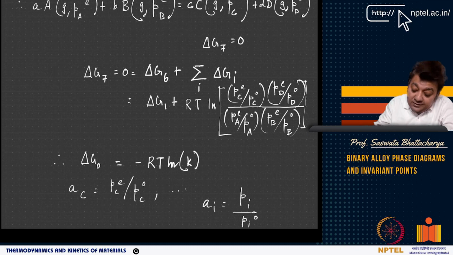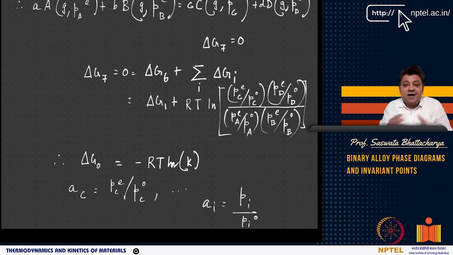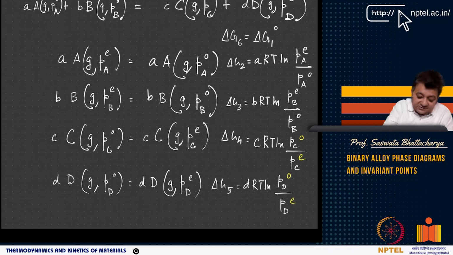Now, in this case, delta G7 is the equilibrium reaction. When you have equilibrium between the reactants and the products, the free energy is 0, right? Delta G7 equals 0 for this reaction. Delta G7 is the sum of all these reactions, this one plus this one plus this one plus this one, right?